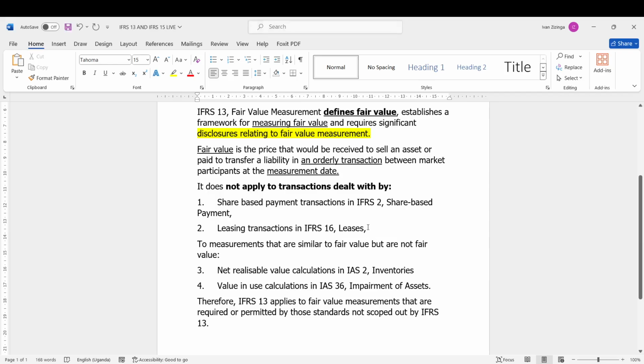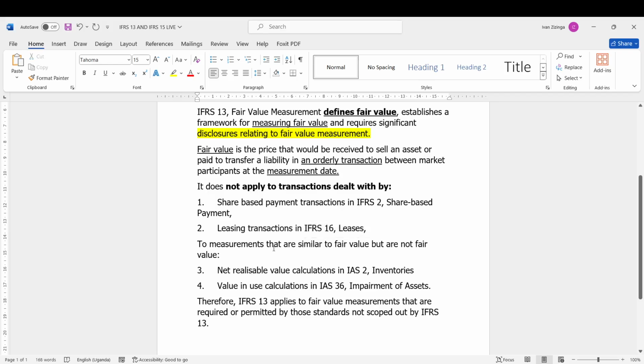Similarly, when it comes to leases, we also talk about the present value of the future payments when we are determining the lease liability and also the right of use asset. So we also don't talk about IFRS 13.